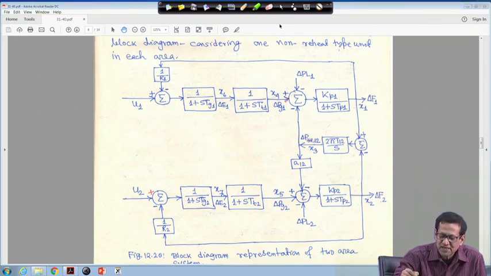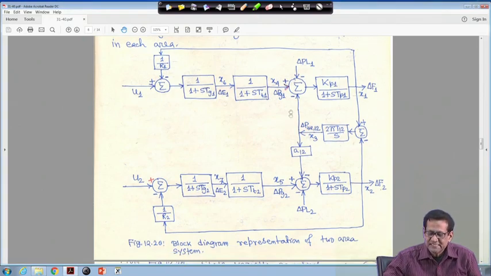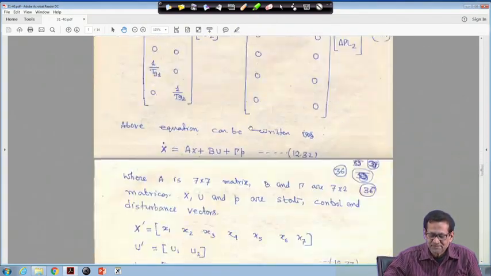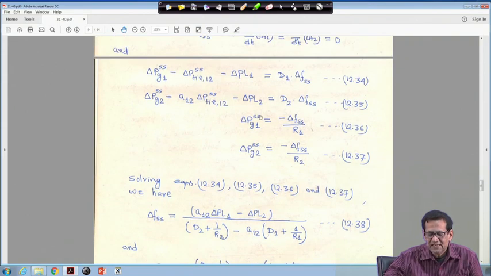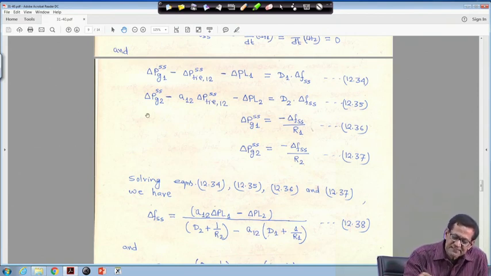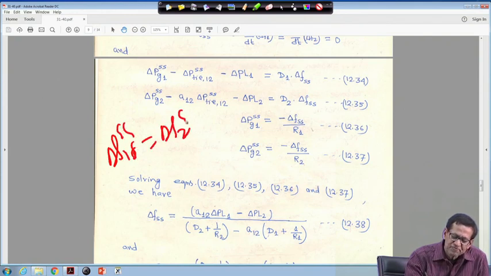So, that is why in this case your delta Pg1 SS is equal to minus delta F SS upon R1, because at steady state your delta F1 SS is equal to delta F2 SS is equal to delta F SS.